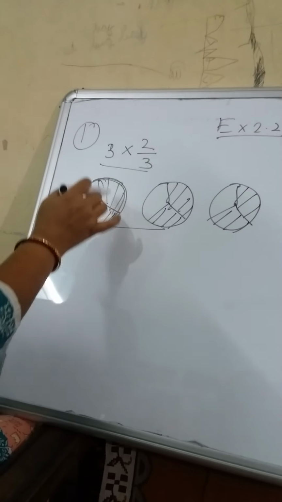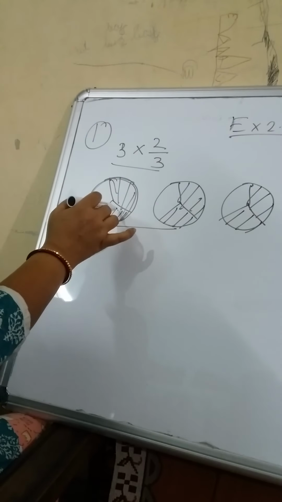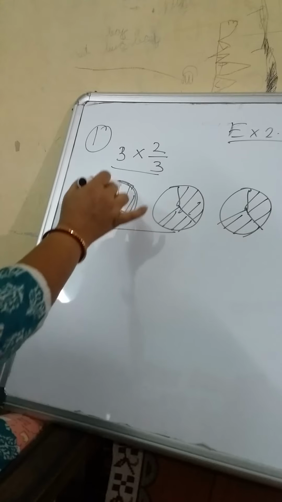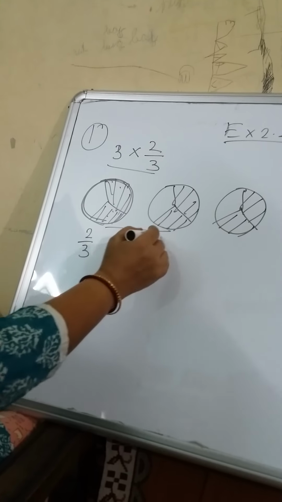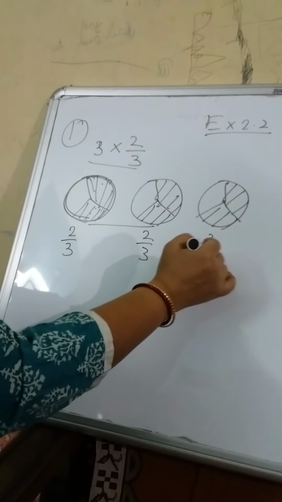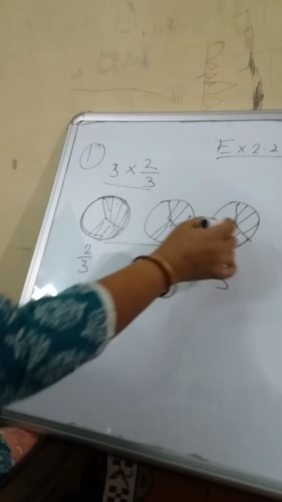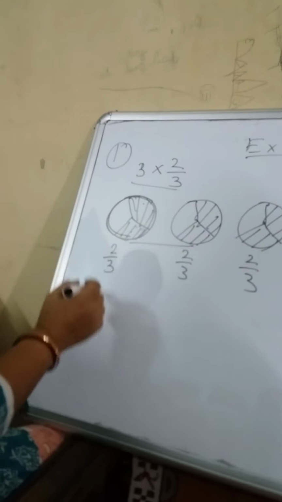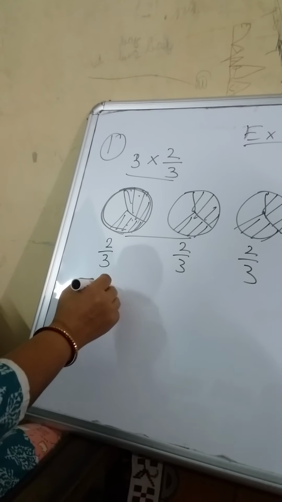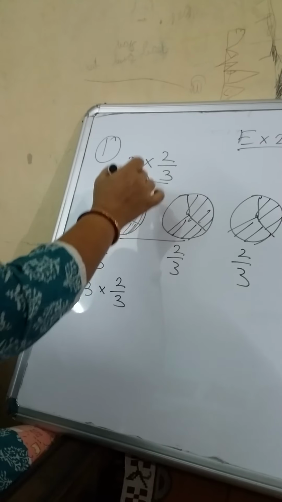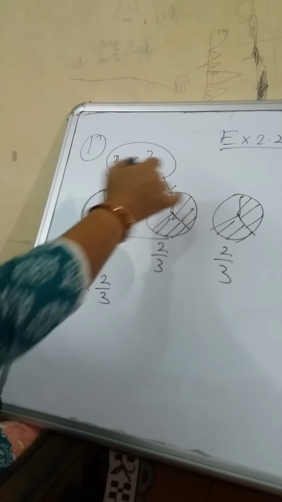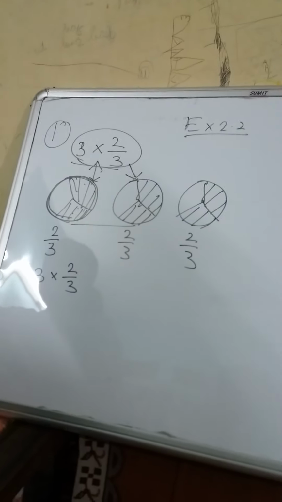Each of them has 2 parts shaded. How can I write it? 2 by 3, 2 by 3 and 2 by 3. So I am doing it 3 times. So we can write 3 into 2 by 3. You have to match this with the diagram that is given.